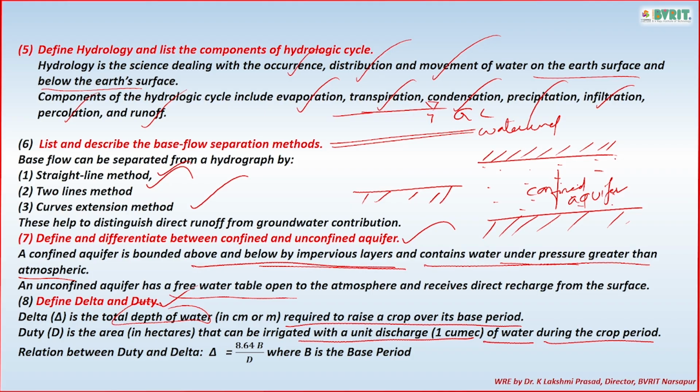The area that can be irrigated with 1 cumec of water is what we call duty. And what is the relation between duty and delta? Delta is equal to 8.64 into B by D, where B is the base period.